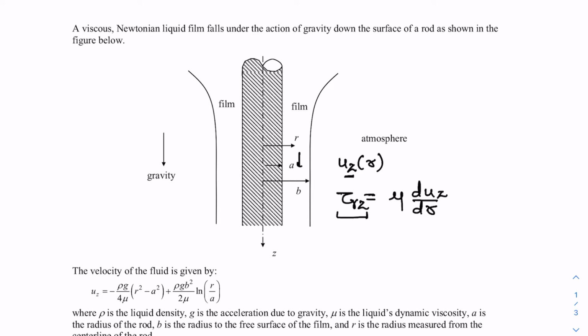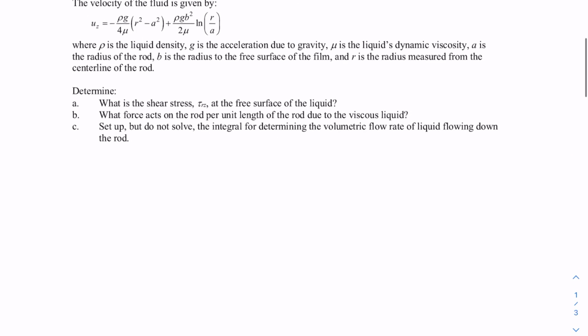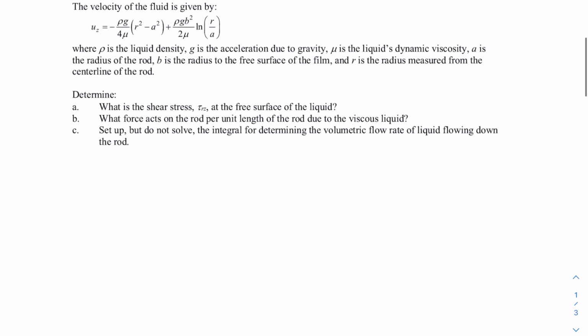From your convention for stress, the first index, r, tells us the surface, and the second index tells us the direction in which the stress is acting. So tau rz gives us the shear stress on this r surface in the z direction. Let's find out the solution.